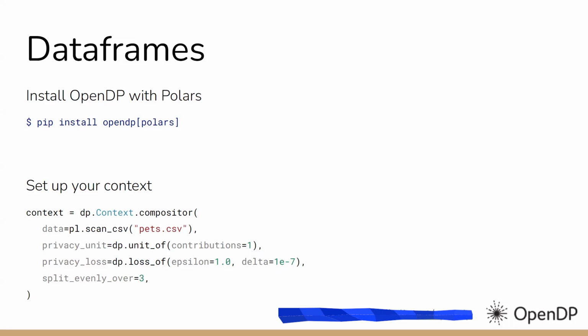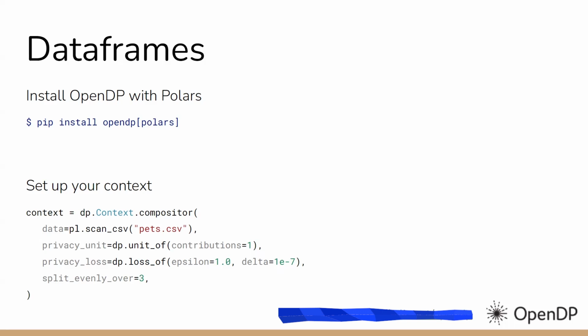So in this case, the unit of privacy is one row addition or removal. So we don't need to protect correlations amongst individuals. We're just protecting one individual at a time. So here typically you're protecting the pet, not a person who has multiple pets. Oh, I see what you're saying.